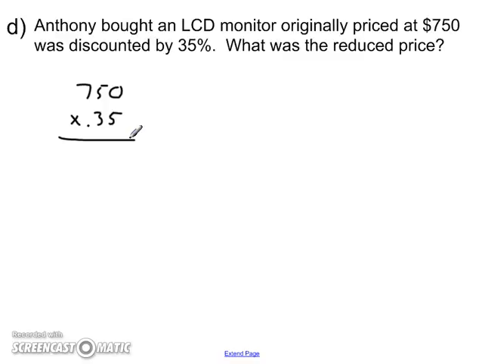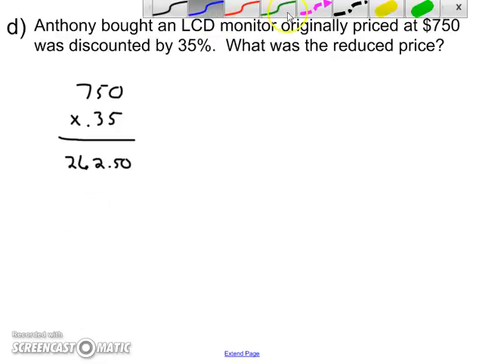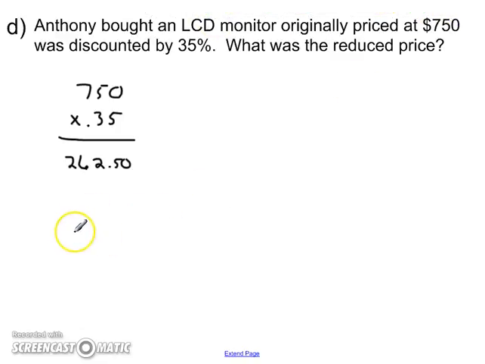I'm going to punch it into the calculator, and 750 times 0.35 is $262.50. So that is the amount that's coming off. So I then have to take, let me go ahead and change colors here, okay, and take 750 and subtract $262.50.